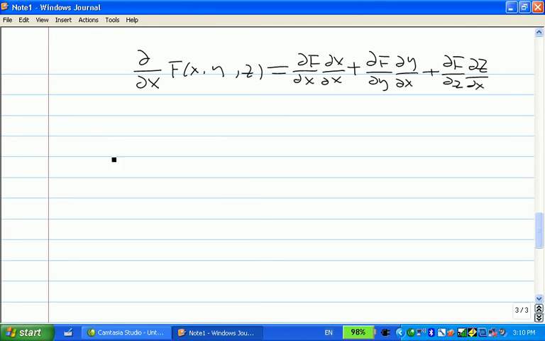In this equation, partial x partial x gives you 1, and the partial y with respect to x gives you 0, because x and y are not related.